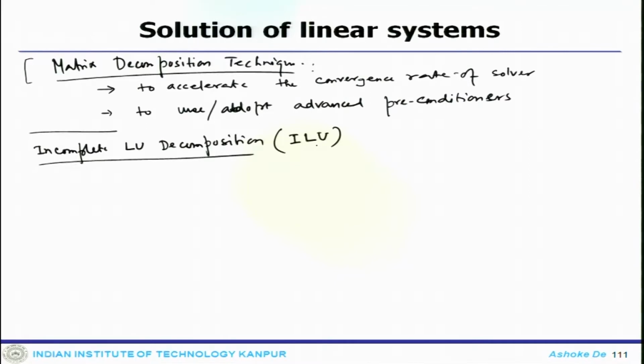Here L again stands for lower triangular matrix, U stands for upper triangular matrix, and I is the identity matrix.